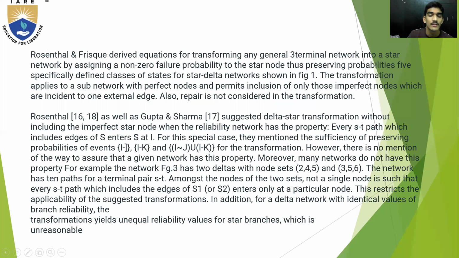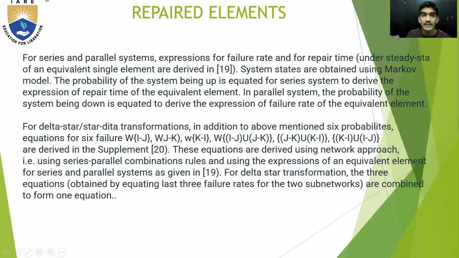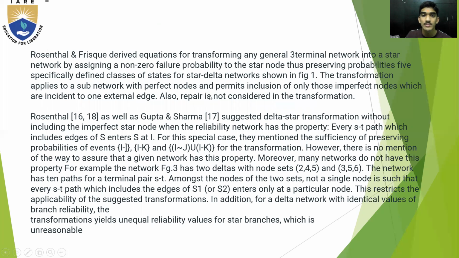Rosenthal and Frick derived equations for transforming any general three-terminal network into a star network by assigning a non-zero failure probability to the star node, thus preserving probability for especially defined classes of states for star delta networks, as shown in figure 1.